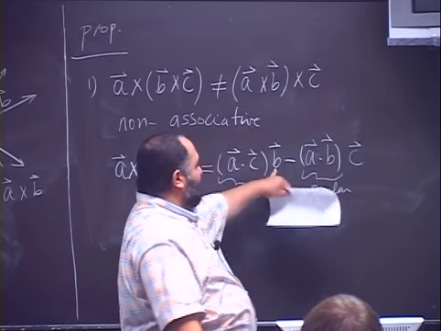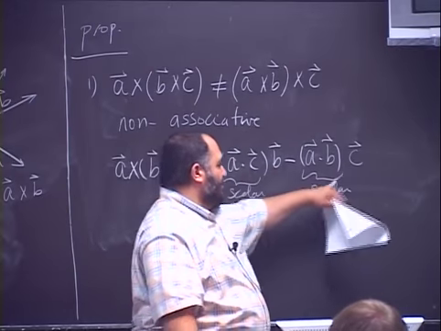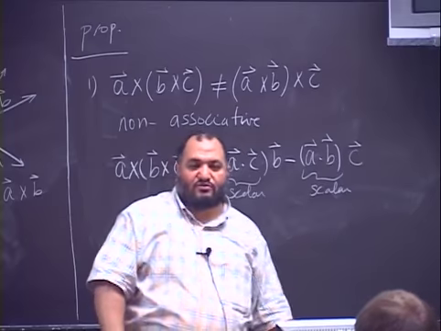So a scalar multiplied by a vector is a vector, whether you extend the vector or shorten it, and another vector, and this is the subtraction of two vectors.